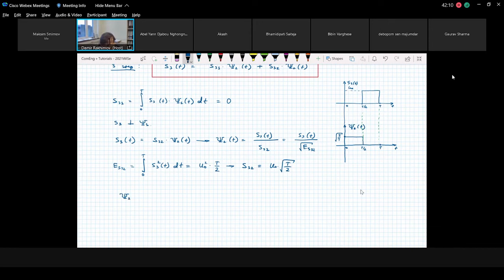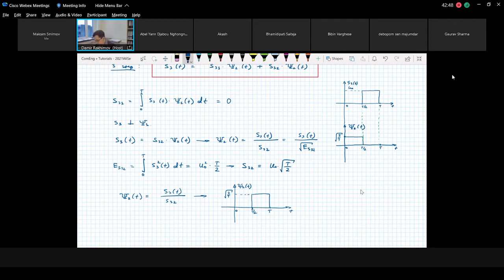Then once again, we write that our second basis function is the third signal normalized by S32. And from there we get our second basis function, and I can show it by plotting the corresponding figure. It will have amplitude square root of 2 over T, and it goes from capital T over 2 to capital T.